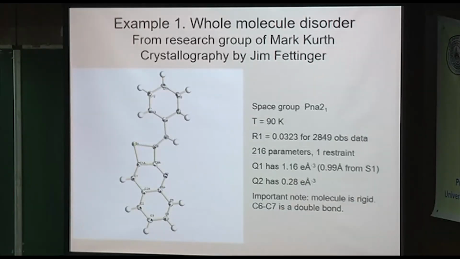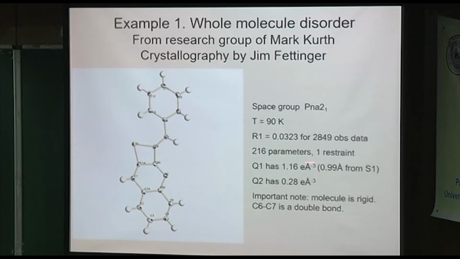Okay, so going back to this whole molecule disorder, we did this already. But the reason that worked was that the molecule is a rigid molecule. And there were some Q peaks. I mean, in this structure, the main molecule showed up pretty good.